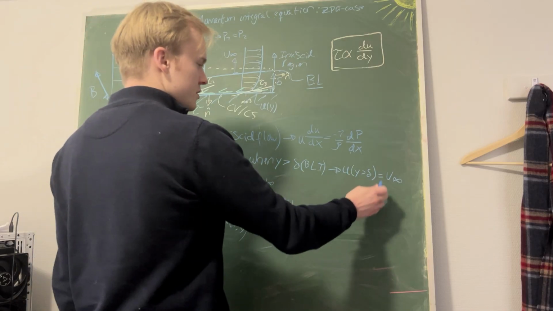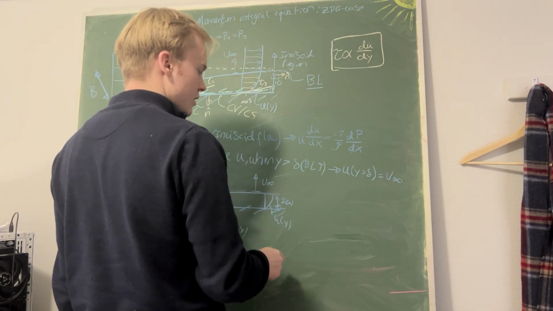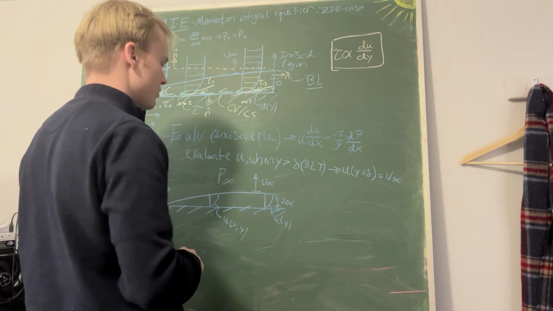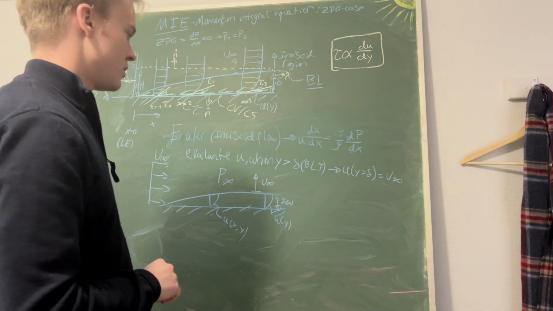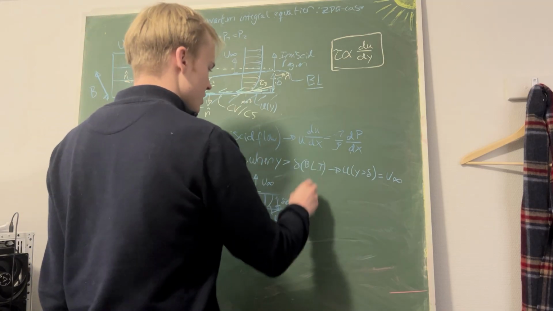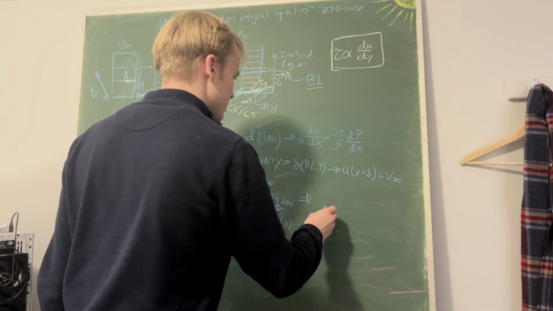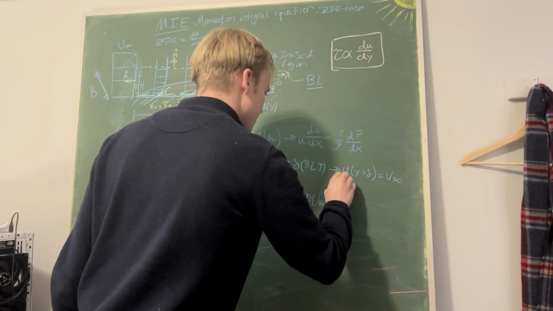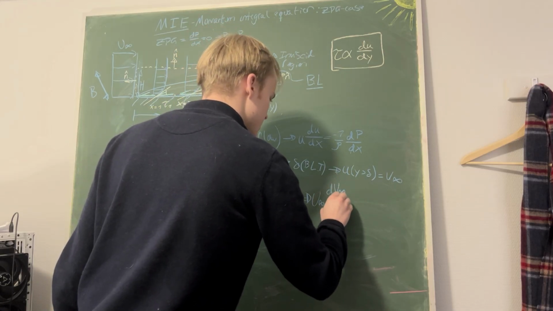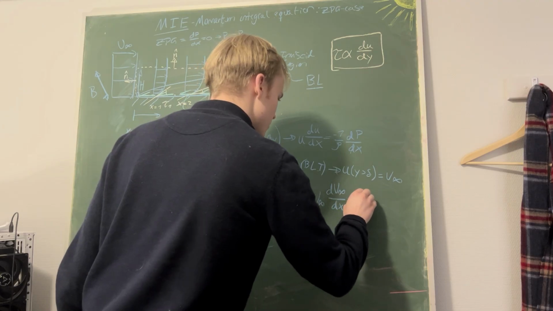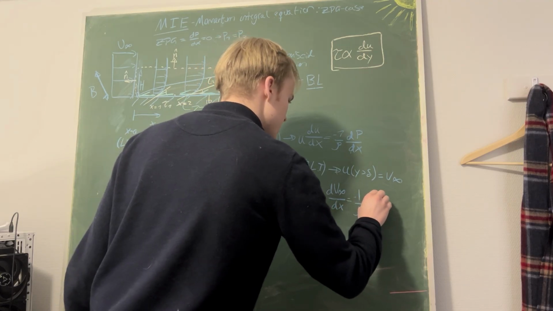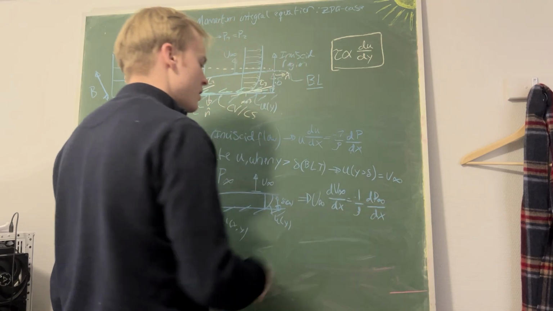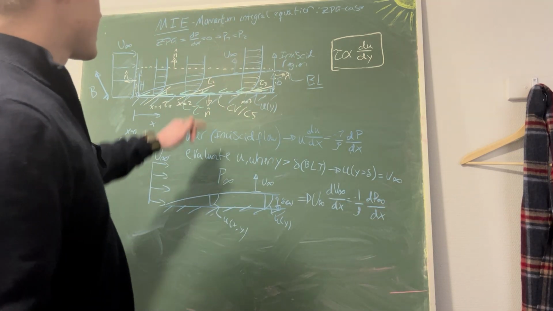So then if we substitute this into here, and we say that, well, in the free stream we have a constant pressure of P infinity. So then what we get, we have that u infinity du infinity dx is minus 1 over rho dp infinity dx. And what did we say in our case here?